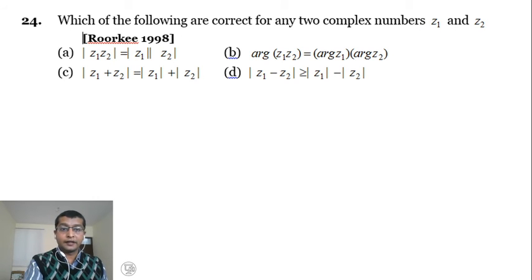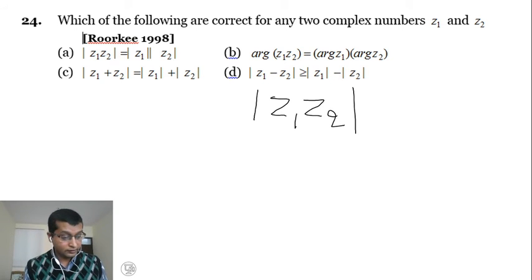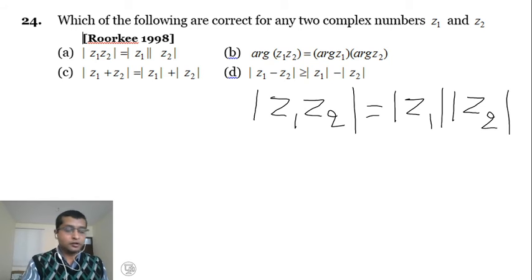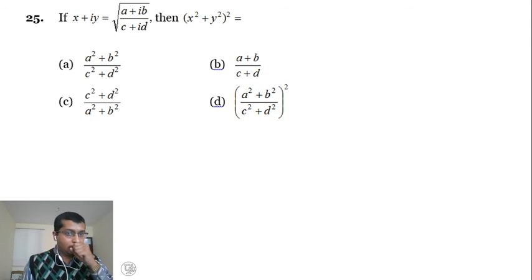Yes, it is mod of z1 z2, any complex number satisfies this: mod of z1 z2 equals mod of z1 times mod of z2. Yes, so option A is the right answer. Yes, we'll move to our next example.